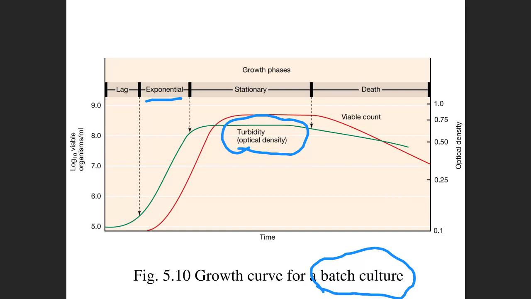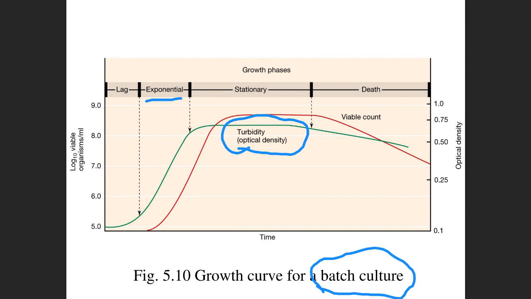And so now you understand the optical density is measuring turbidity, right? Total numbers of cells, living and dead. The viable count is counting only the numbers of cells that are alive. The difference is actually much more dramatic than this.